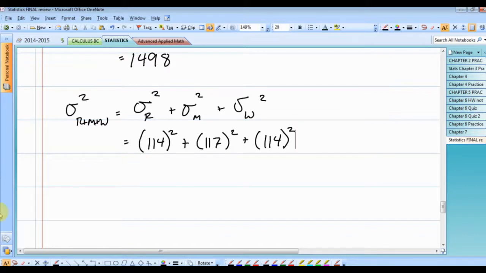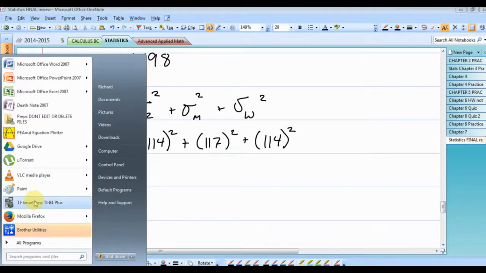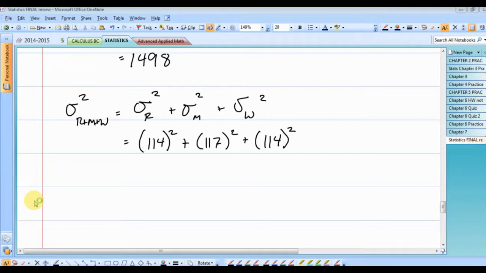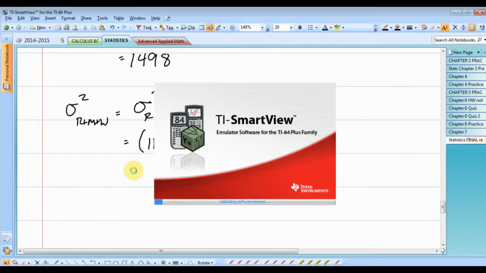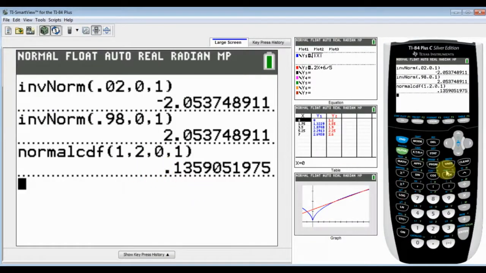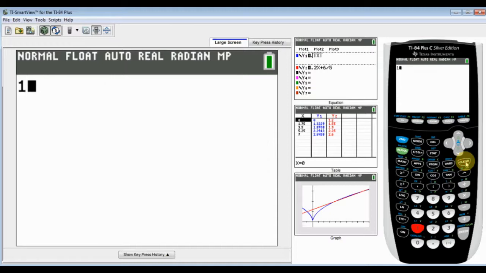So I'm just going to add all these together. I better do this on my calculator. 114, 117, 114. Okay, let's clear that out. 114 squared.